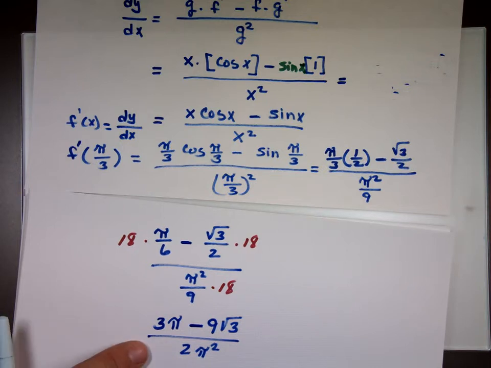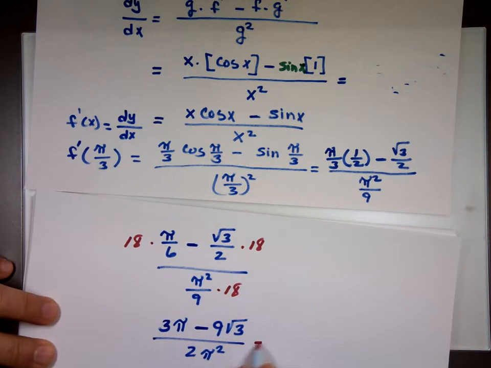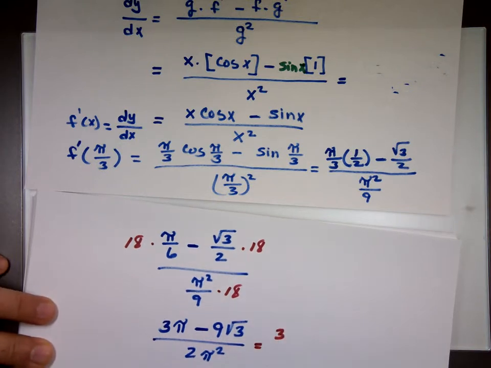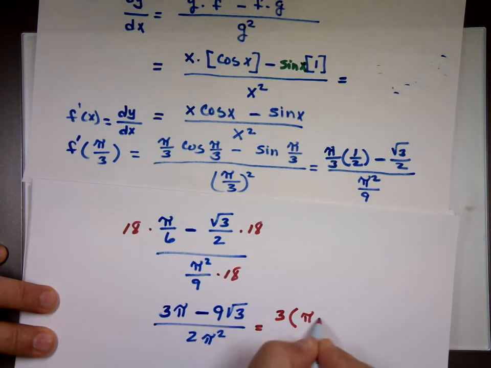3 pi minus. Oh no, you know what they did? I'm looking at their answer. They factored 3 out. If you factor the 3 out, you have 3 times pi minus 3, the square root of 3, over 2 pi squared.